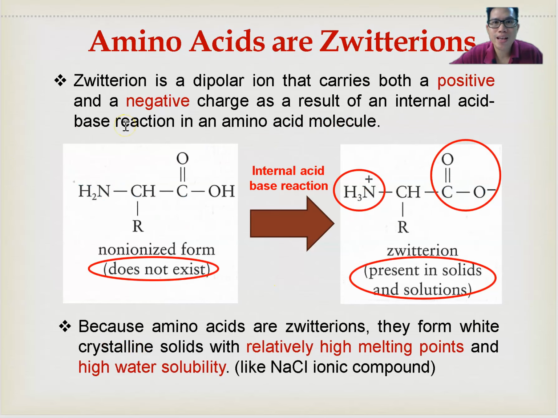So for an amino acid, as you can see from here, they have these two sides. Don't talk about the R group first. These two sides can actually be ionized. What happens is that over here the hydrogen can be transferred to the NH2. When one is transferred, here becomes COO minus, here becomes NH3 plus, which is shown here.